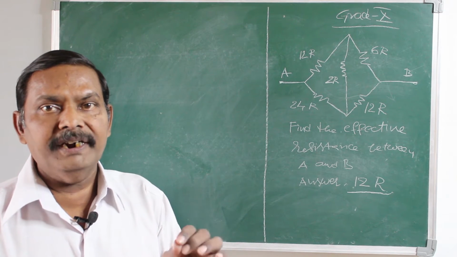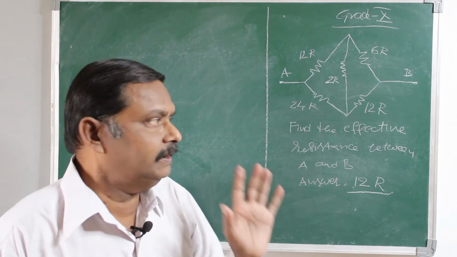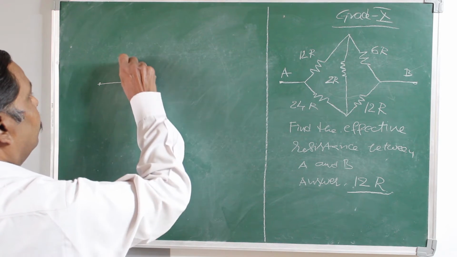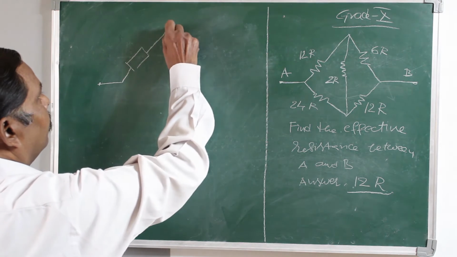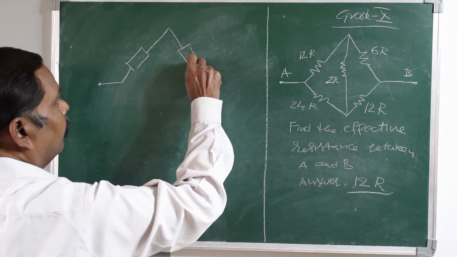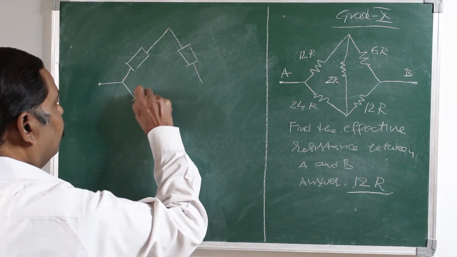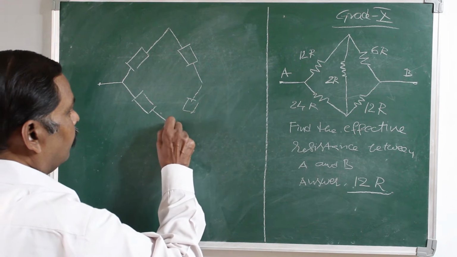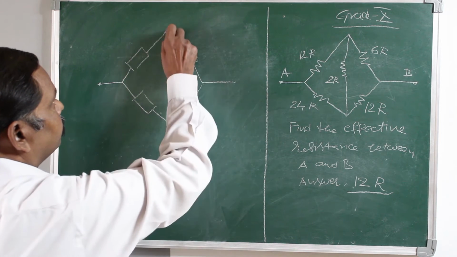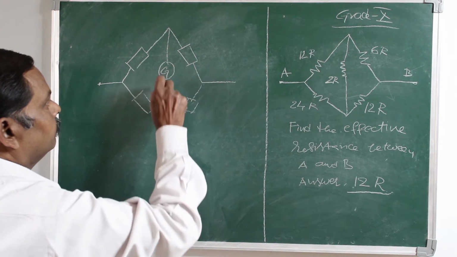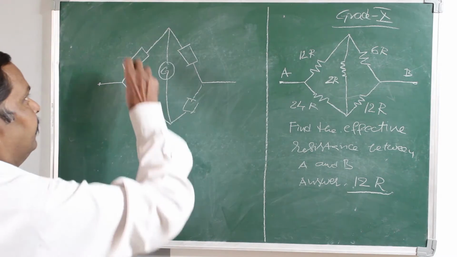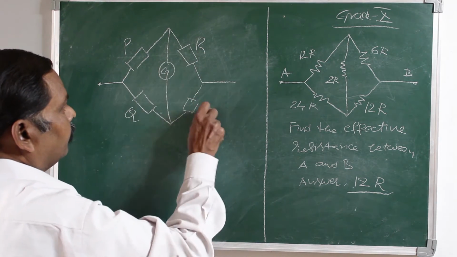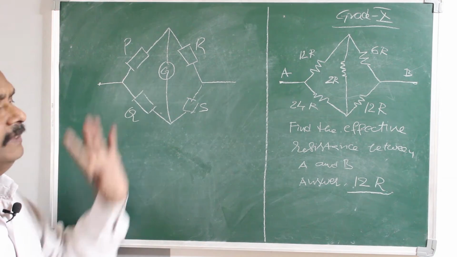First, let us see what is Wheatstone's bridge principle. Take a similar type of circuit. Let us take P, Q, R, S, and this is the galvanometer.